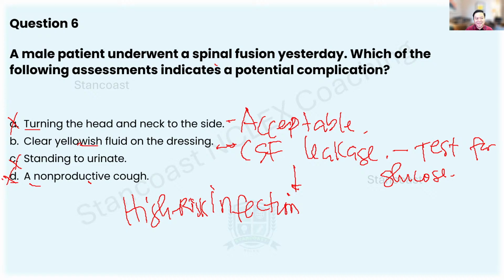But if you will be seeing this leakage, this is a means of the entry of those opportunistic infections into the incision site. So this is something that you should test right away for glucose, and of course notify the medical provider once you have done your testing. All right, make sure you do that. This will hasten the treatment if you notify them right away.